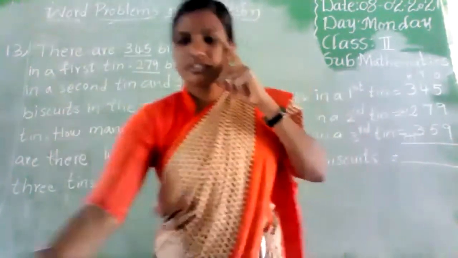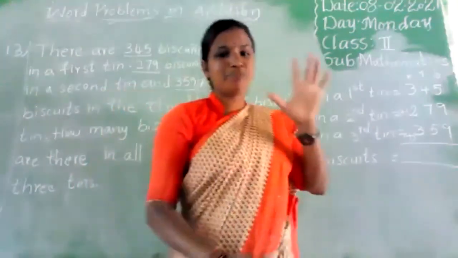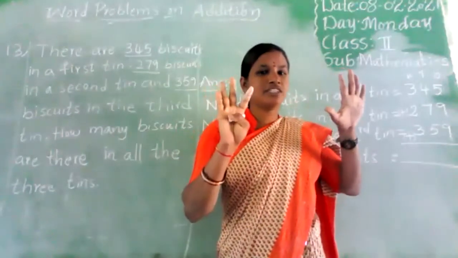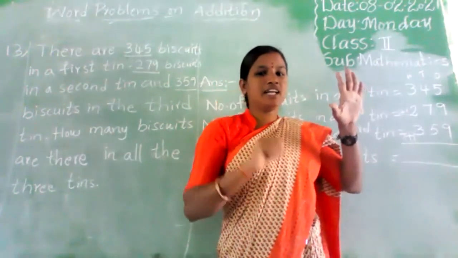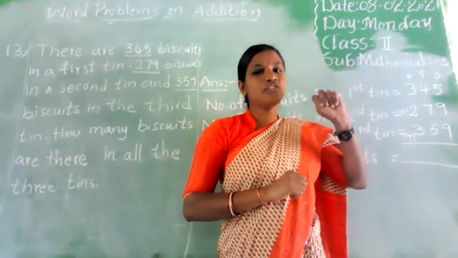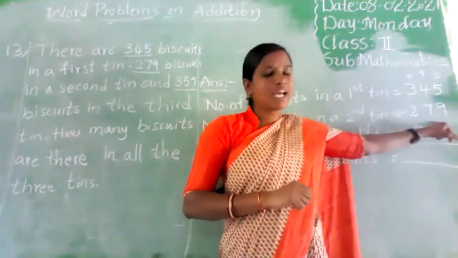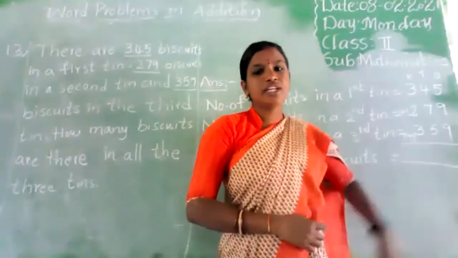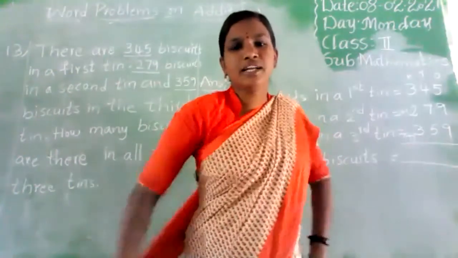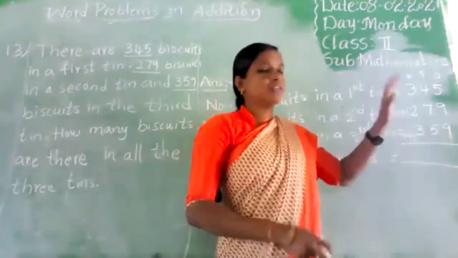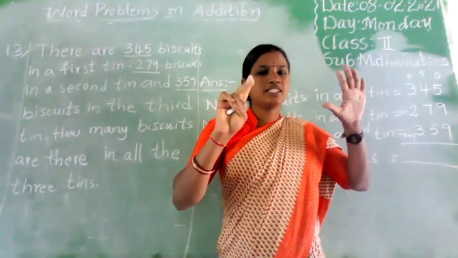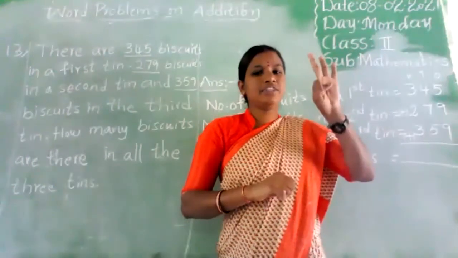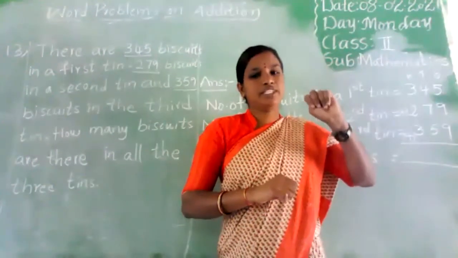Keep 5 in mind, take 9 fingers: 6, 7, 8, 9, 10, 11, 12, 13, 14. So 5 plus 9 is 14. 14 plus 9: 15, 16, 17, 18, 19, 20, 21, 22, 23.